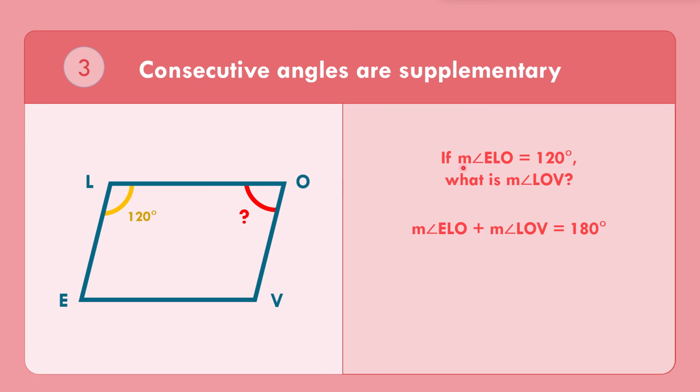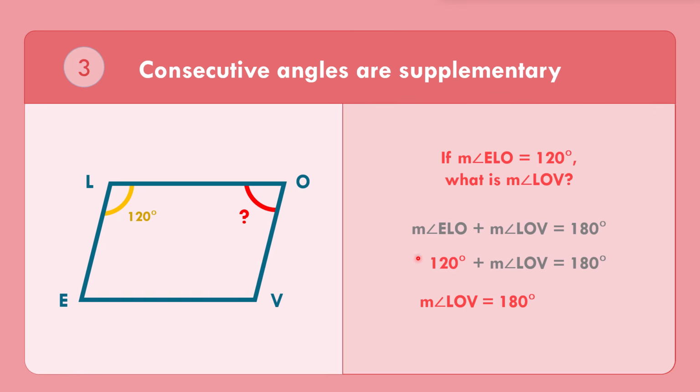Let us replace the value of the measure ELO in the given equation. So that becomes 120 degrees plus the measure of angle LOV equals 180 degrees. Let us solve now for the measure of the angle LOV.